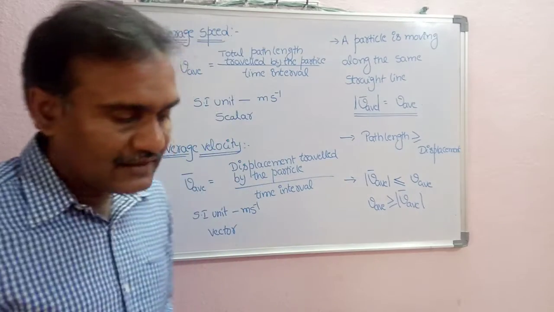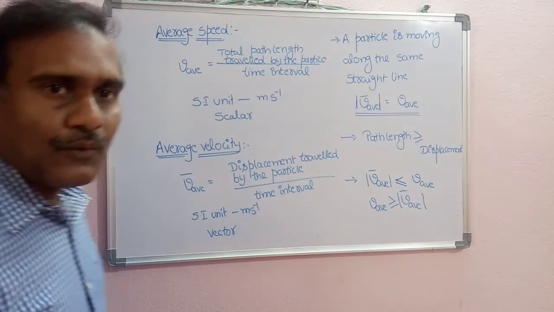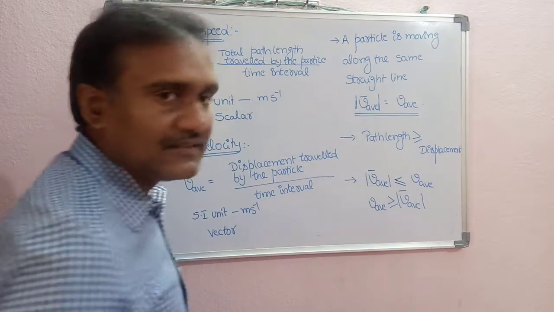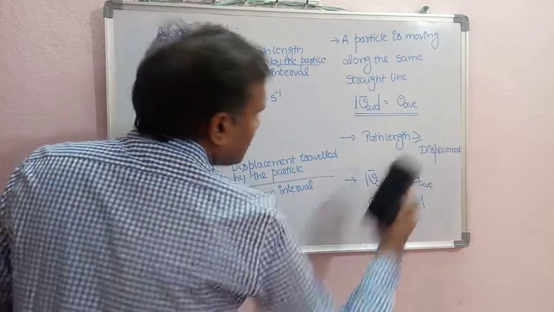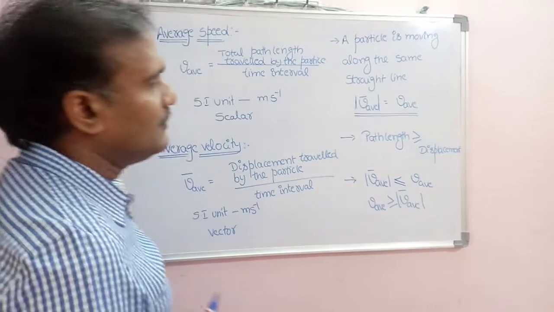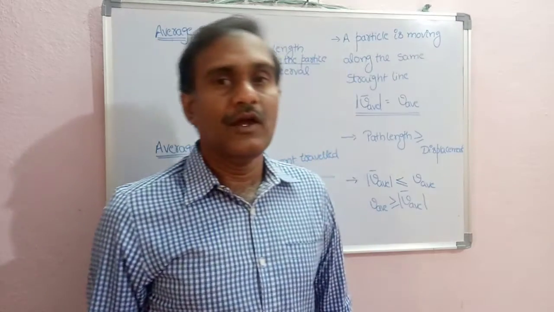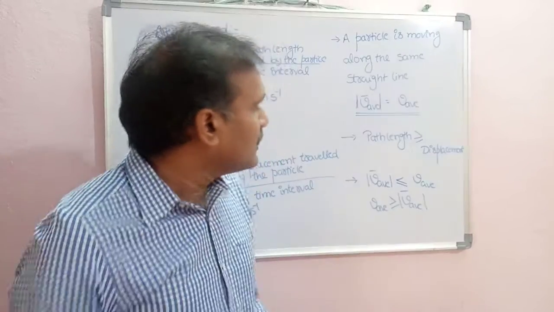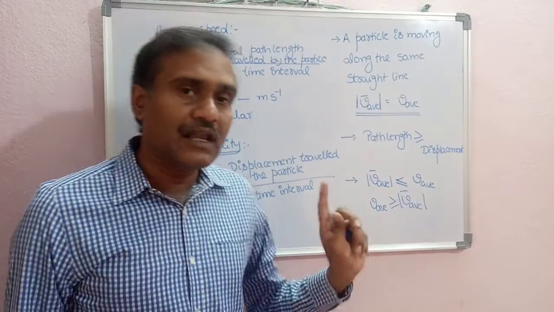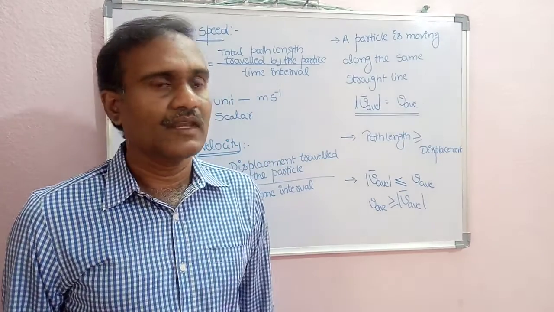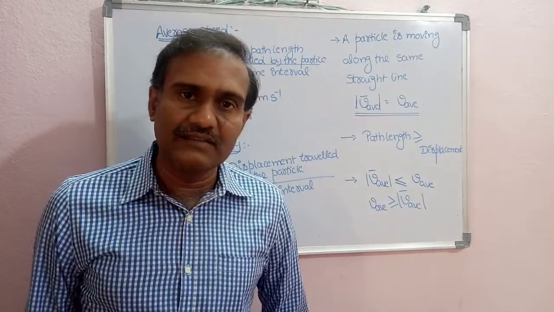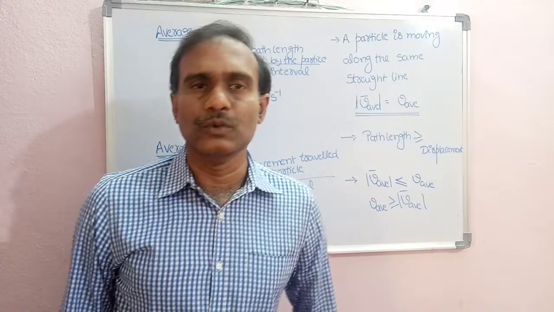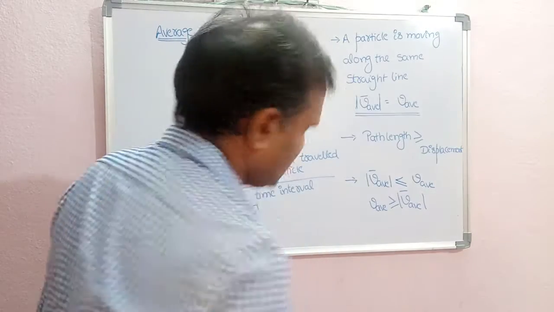In the last class, we concluded that path length is always positive. Displacement may be positive, may be negative, may be equal to 0. Therefore, average speed is always positive, but average velocity may be positive, may be negative, may be equal to 0. Remember that.